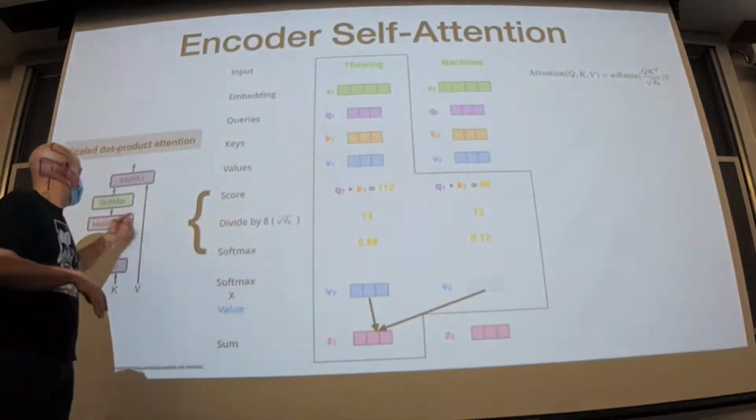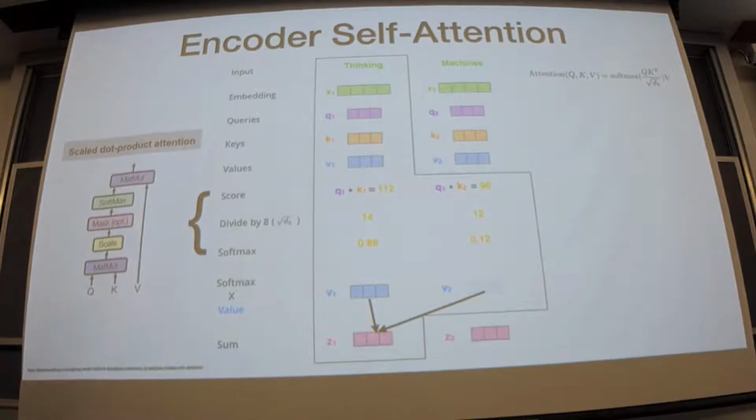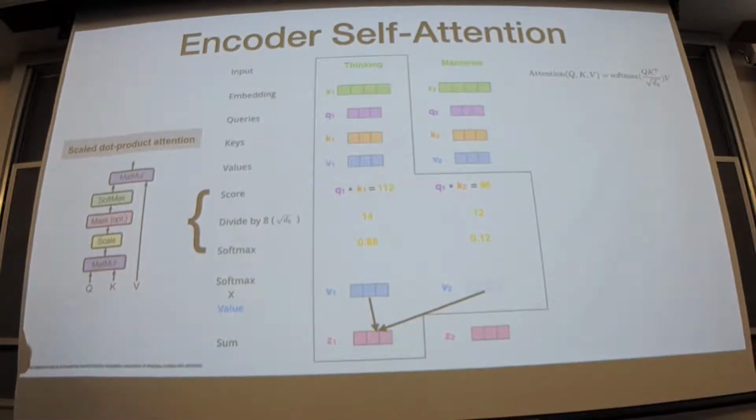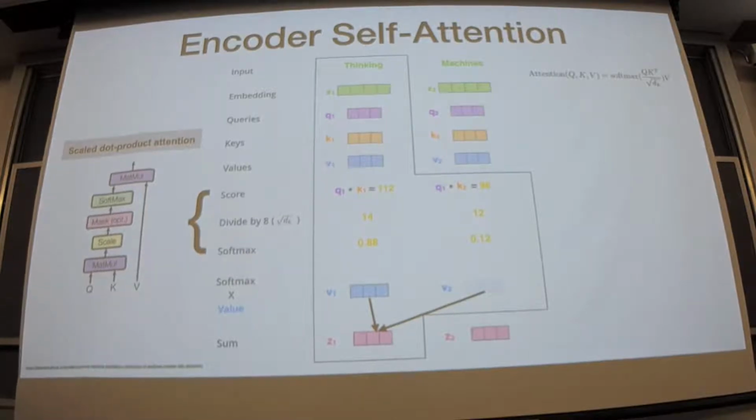That's this masking part, and that's what makes this autoregressive. The word autoregressive means that we're moving forward, we're regressing forward in the sequence only, conditioned only on what we've seen in the past.